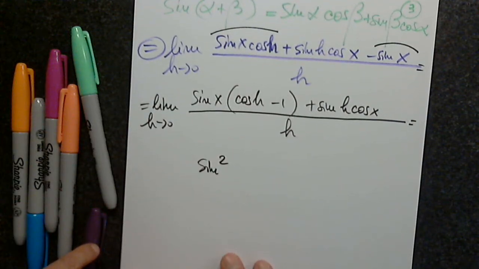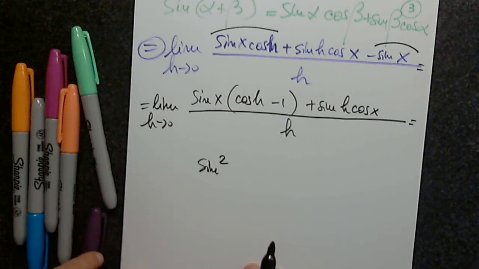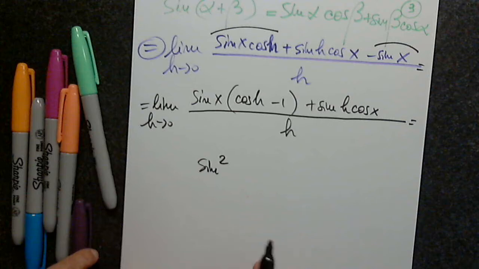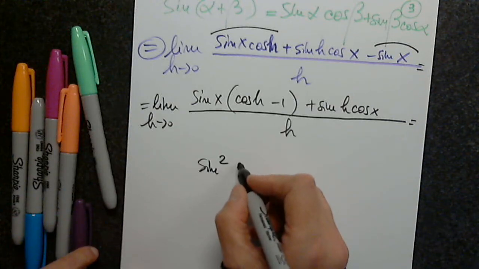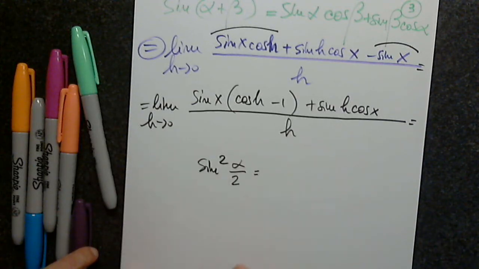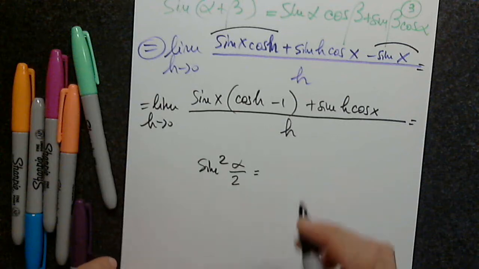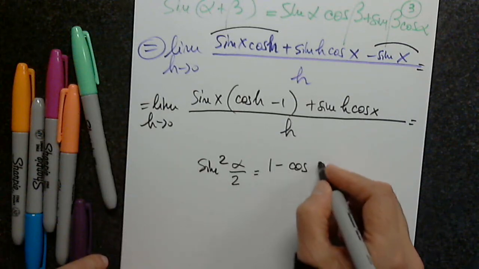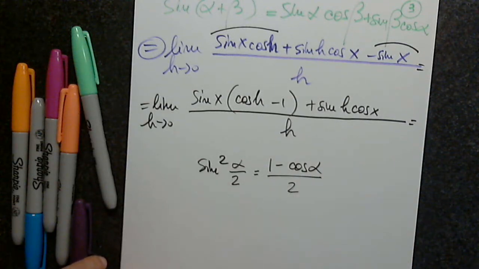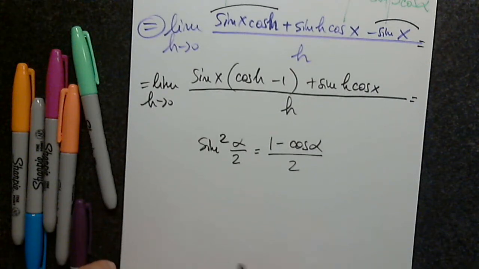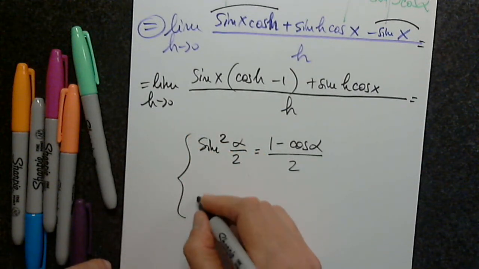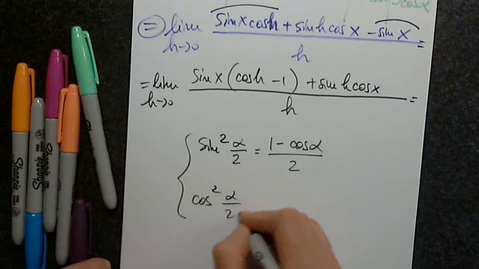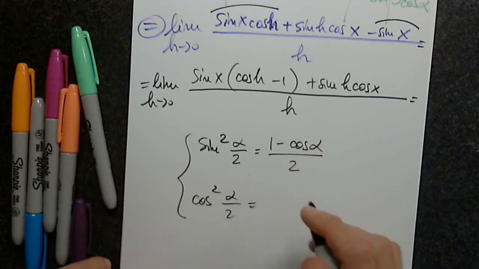Sine squared alpha divided by 2 equals 1 minus cosine alpha over 2. And the other one, because they go together, cosine squared alpha over 2 is the same thing with plus.